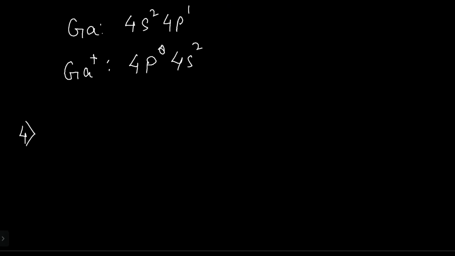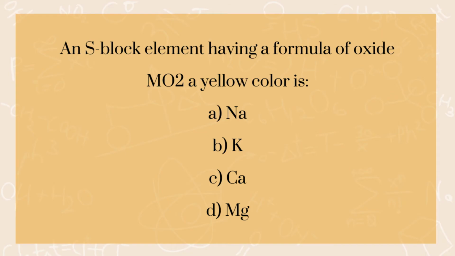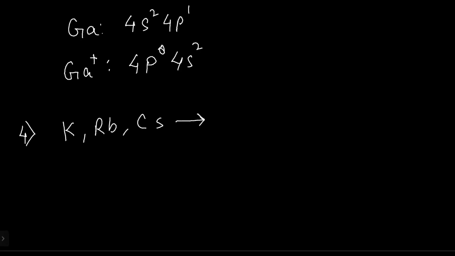Moving on to the fourth question. S block element having formula of oxide MO2 and yellow color is, you are given 4 options: sodium, potassium, calcium, and magnesium. So the alkali metals and the alkaline earth metals have been given here. Among them, potassium, rubidium, cesium are able to form superoxides.